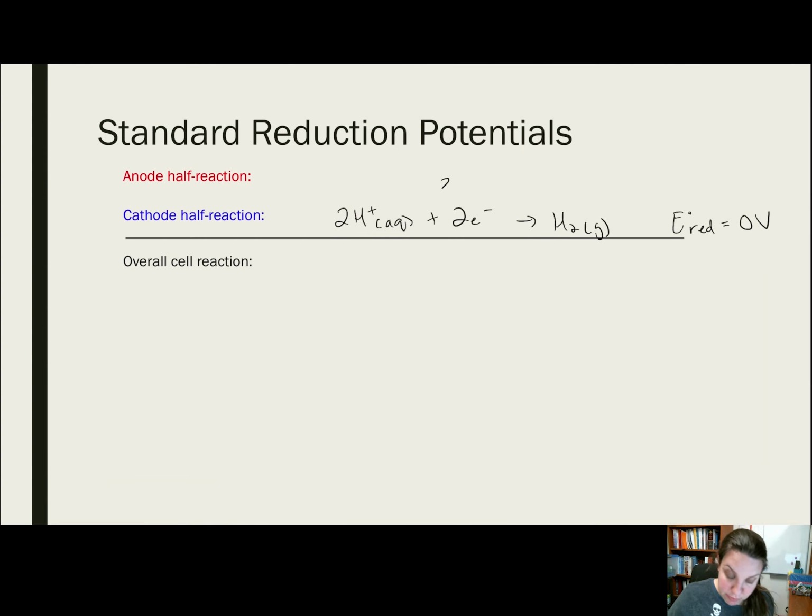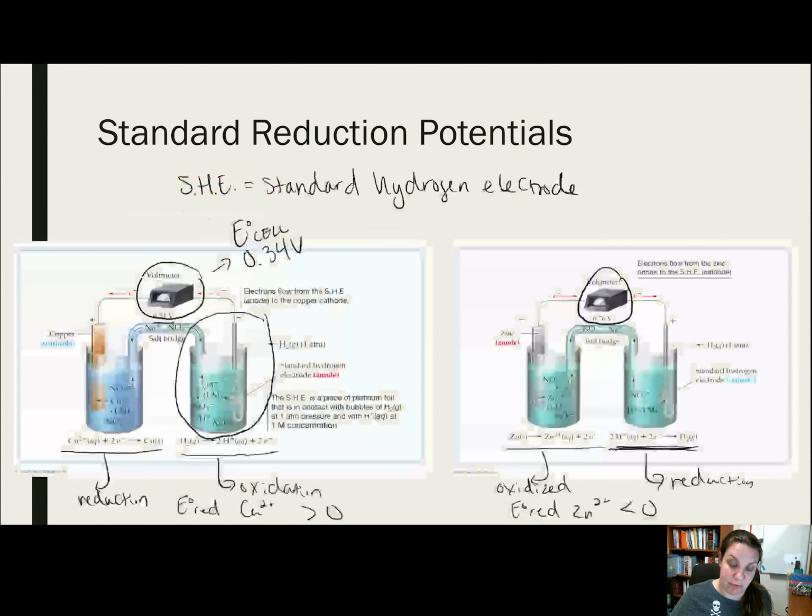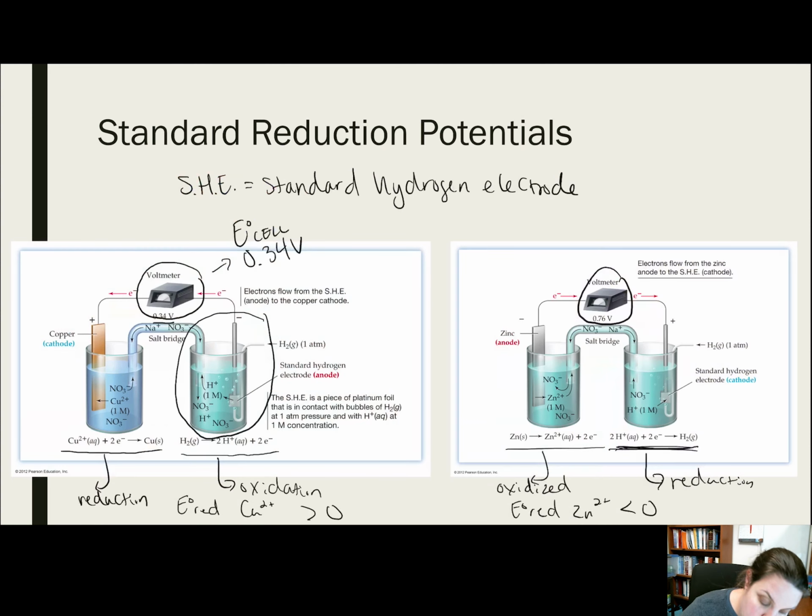Again, we look back, we see our voltmeter had a voltage of 0.76 volts. So our cell is 0.76 volts. So when we combine these two equations, 2H+ plus zinc solid goes to zinc 2+ plus H2 gas.